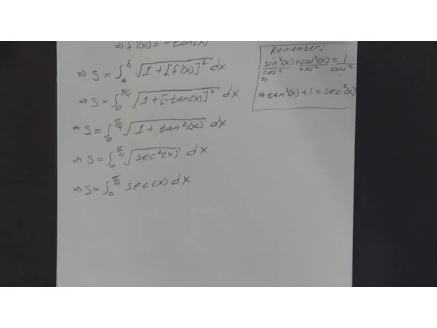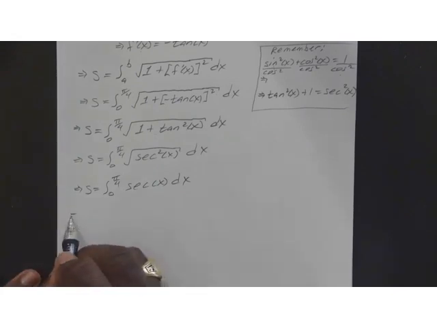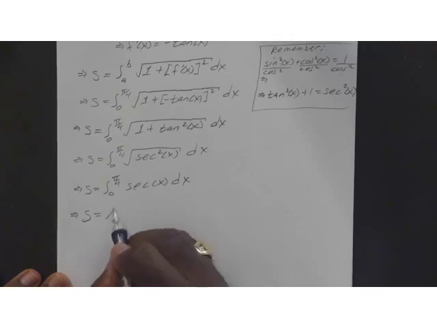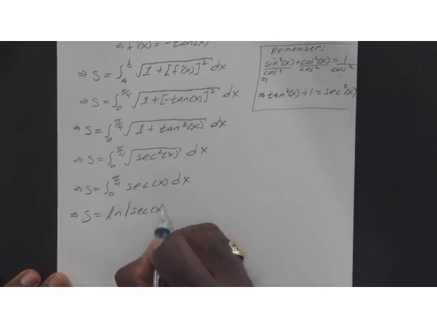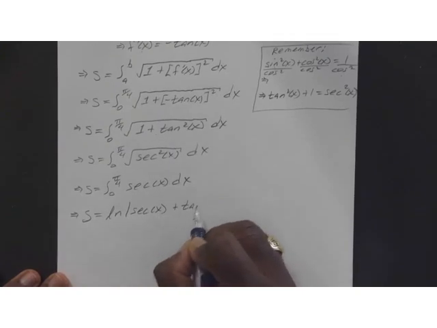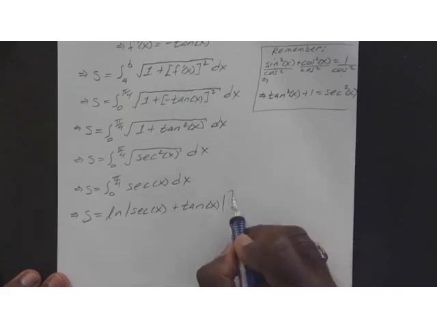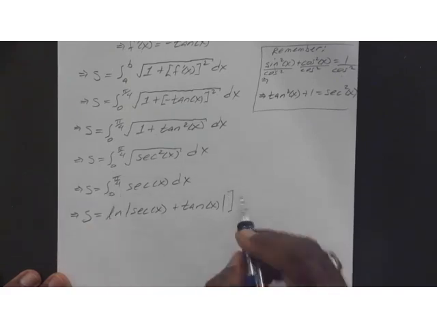And we know the integral of secant is the natural log of secant plus tangent. Okay, so we have the natural log of the absolute value of secant of x plus tangent of x, from x equals 0 to pi over 4.